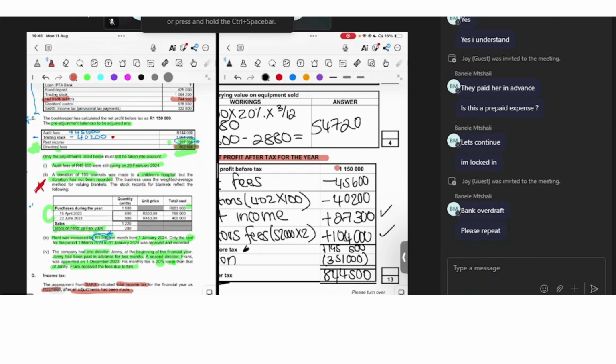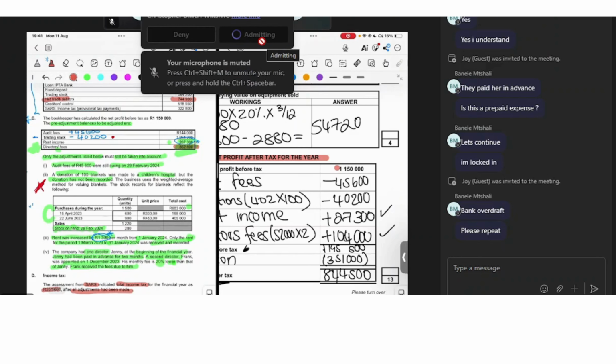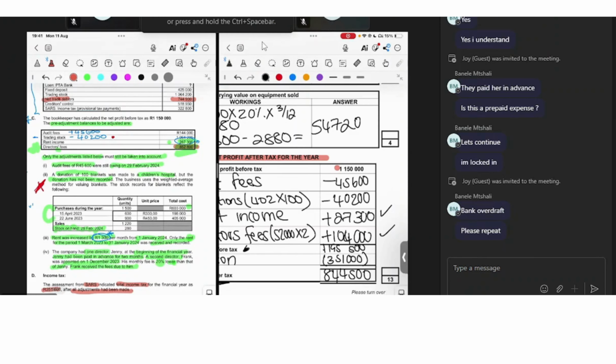So we're taking net trade debtors of 744,900. We're adding accrued income of 27,300. We're also adding prepaid expenses of 104,000. And that will give us 876,200. I'll repeat that.